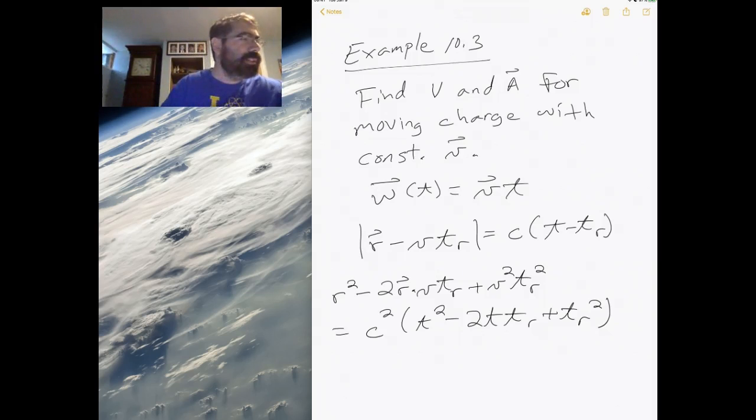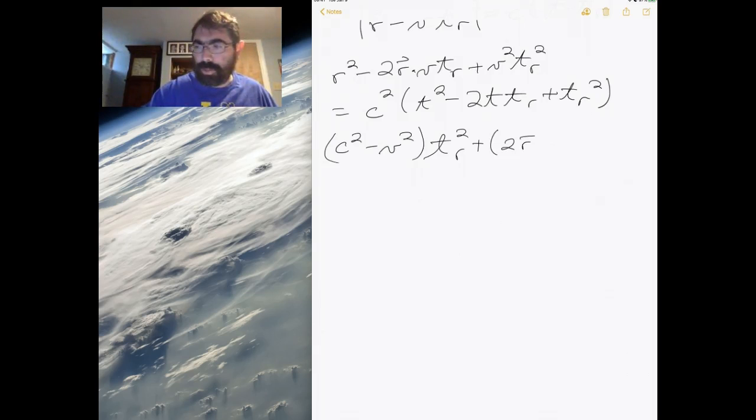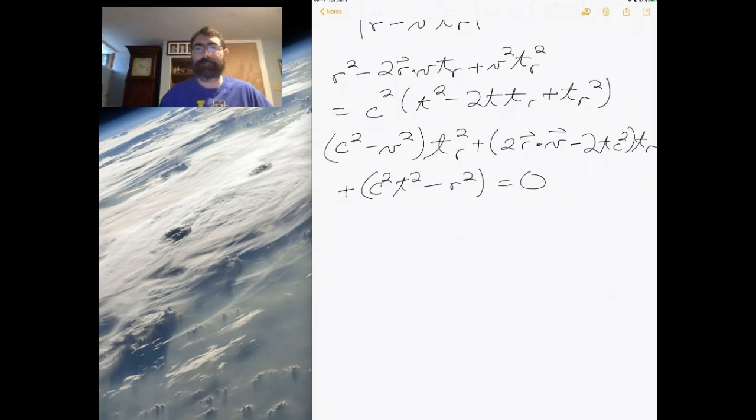Let's find out what the retarded time is. So when I do that, what I get is c squared minus v squared t_r squared plus 2 r dot v minus 2t c squared t_r plus c squared t squared minus r squared is equal to 0.